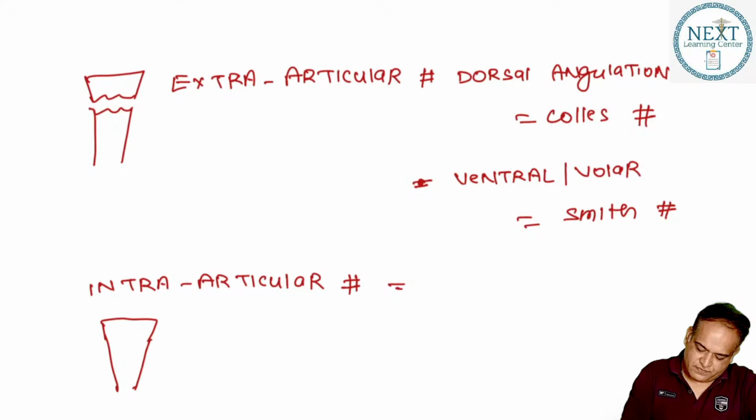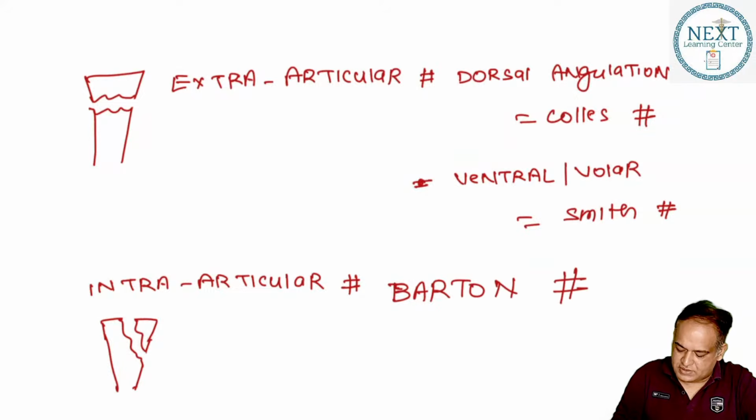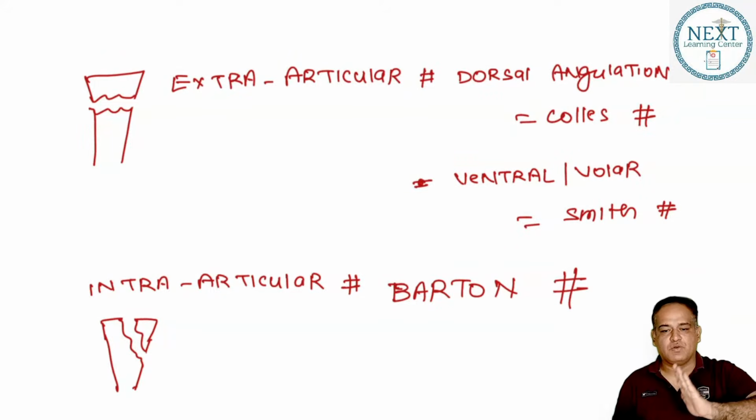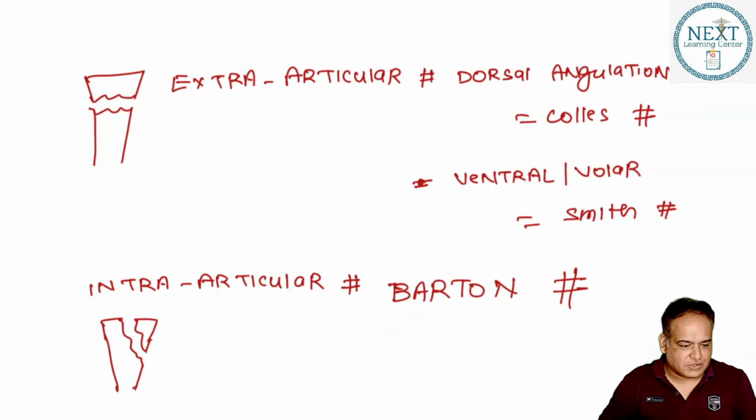So let's say the fracture is like this. Intra-articular fracture. This becomes Barton fracture. If it goes like this, Barton fracture, fine. And if it goes like this, that becomes Volar Barton fracture.